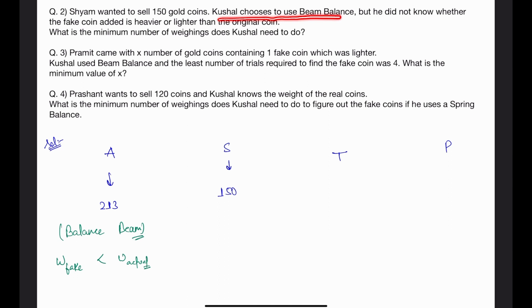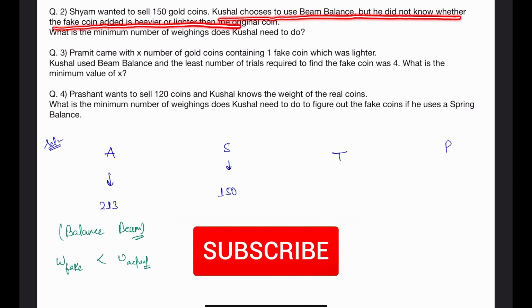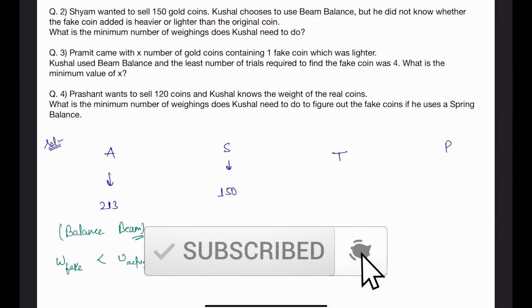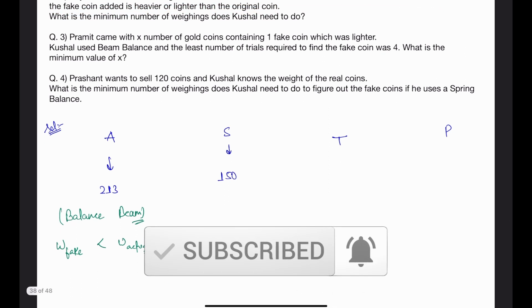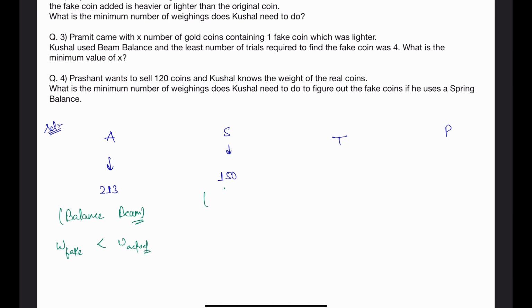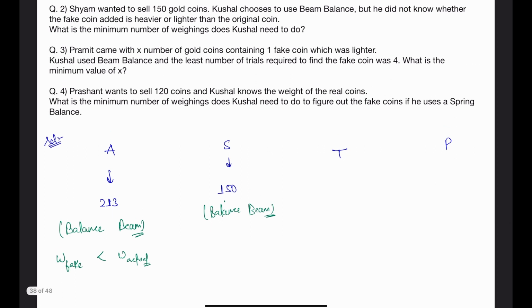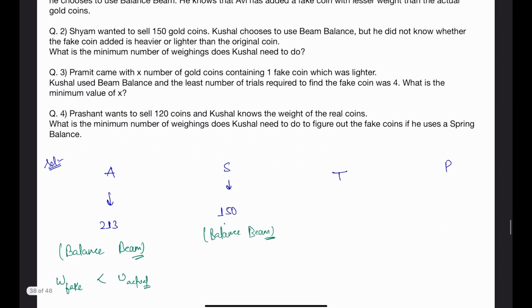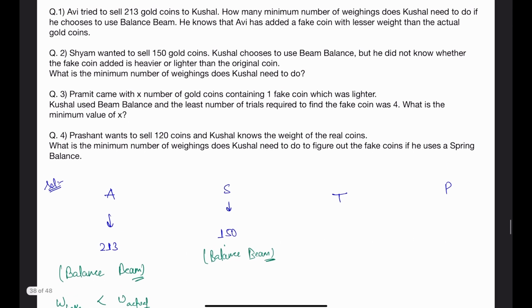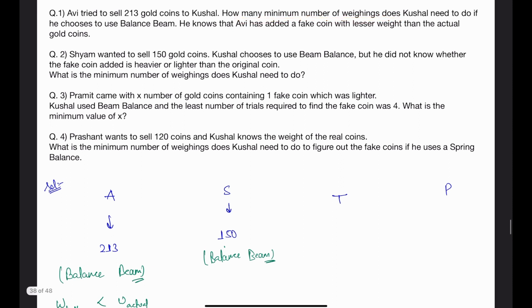Kushal chooses to use a beam balance, but he did not know whether the fake coin added is heavier or lighter than the original coin. He has no idea about the weight of the fake one, so we will just keep it like that. What is the minimum number of weighings Kushal needs to do here? Everyone is asking for the minimum number of weighings.